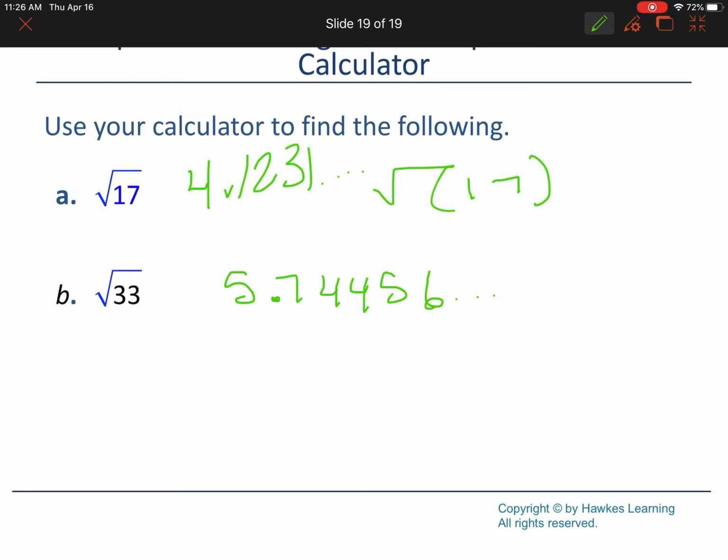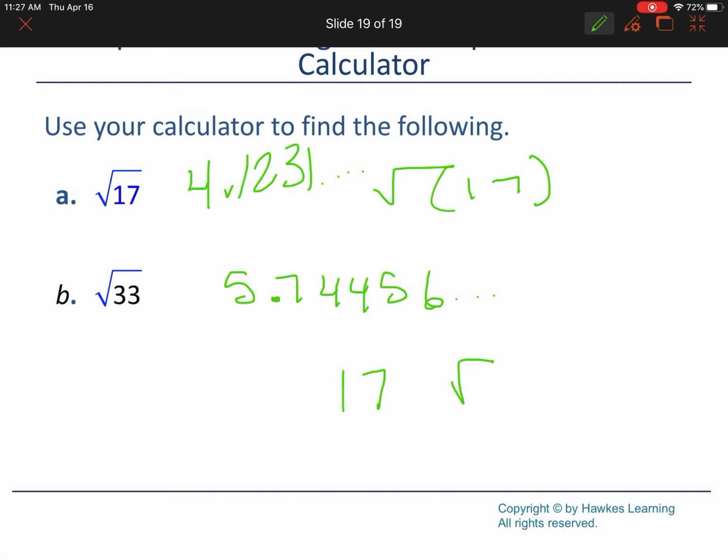Okay, now it's possible that your calculator works a little bit backwards, and you have to plug in 17 and then hit the square root sign after, and it takes the square root of whatever you just had in there. It's sometimes a little less intuitive how to use that, but it still works and it will still give you that answer.